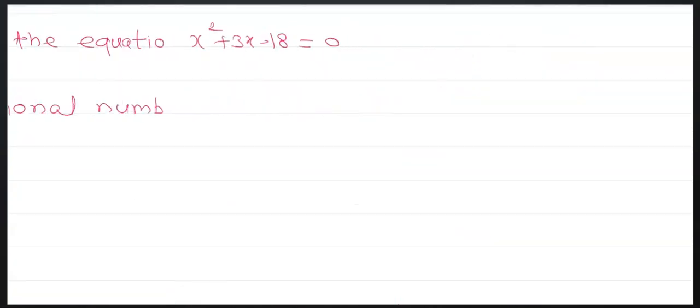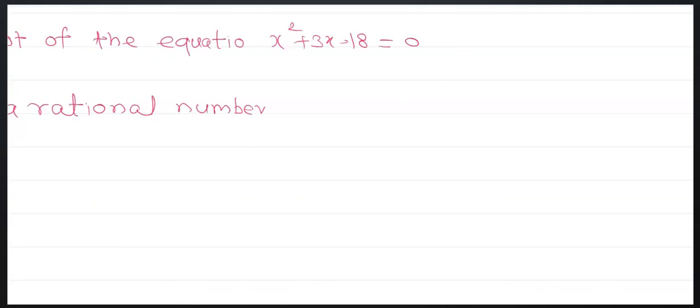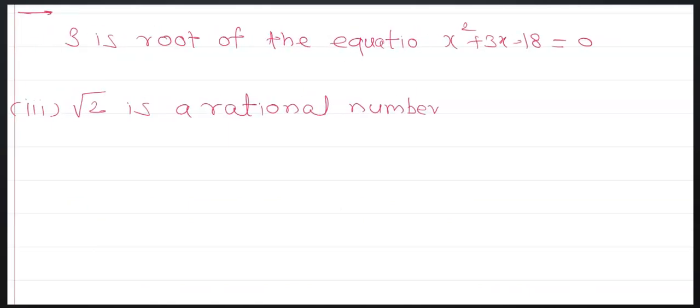Next is fourth one. Is not a rational number. Polygon ABCD is a pentagon. It's very simple again.